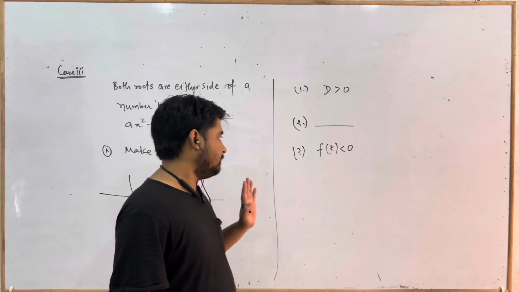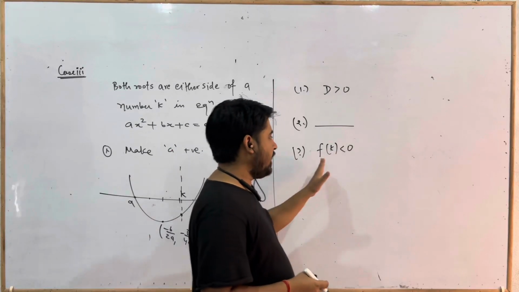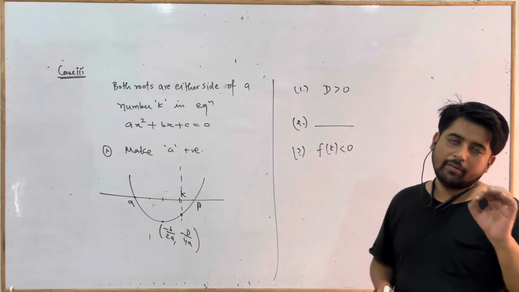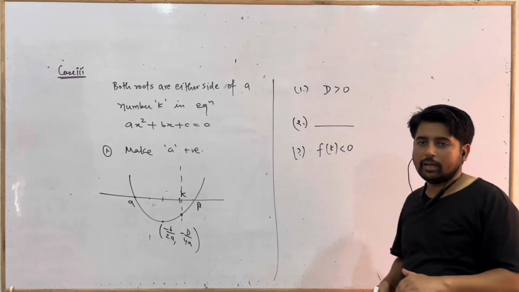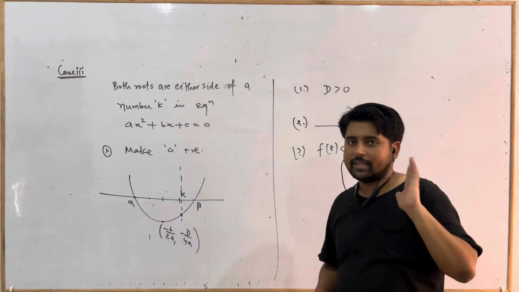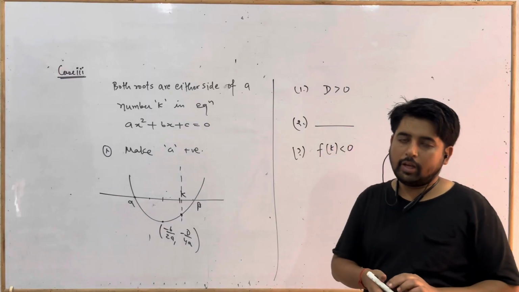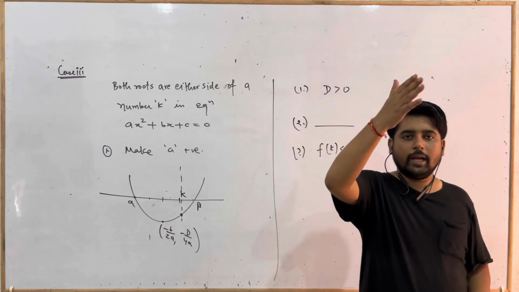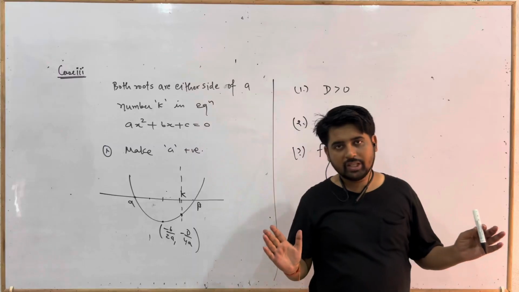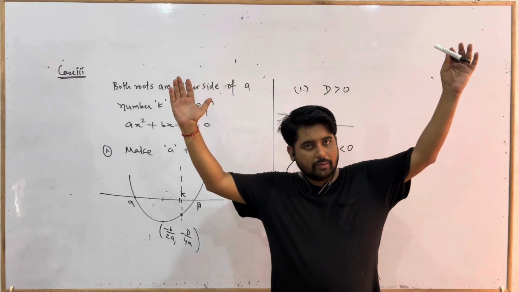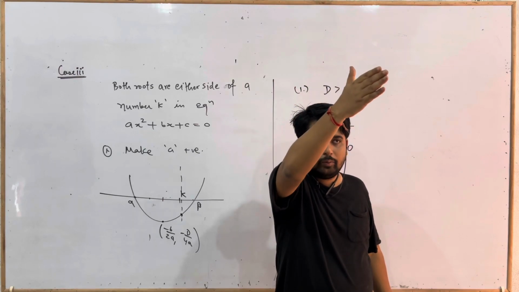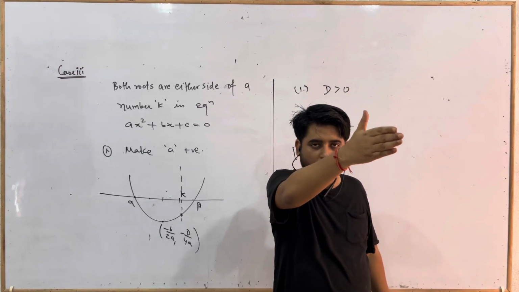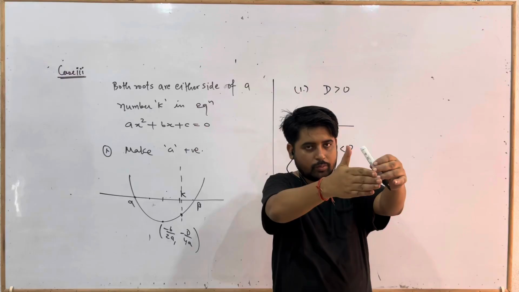Listen to me carefully. If I say that f(k) is less than 0, that means for the value k, your graph is going below the x-axis. You have an upward parabola, and in an upward parabola both wings go to infinity. One wing comes down, crosses the x-axis, and we get one root.